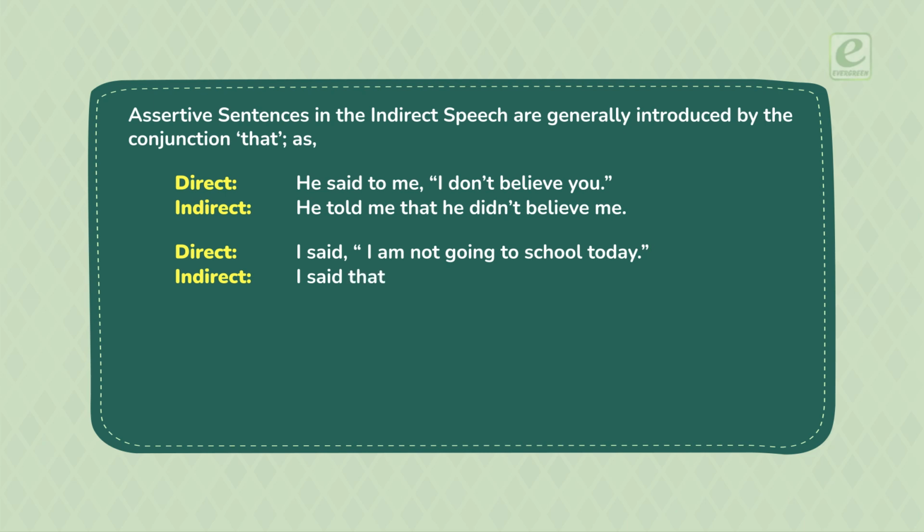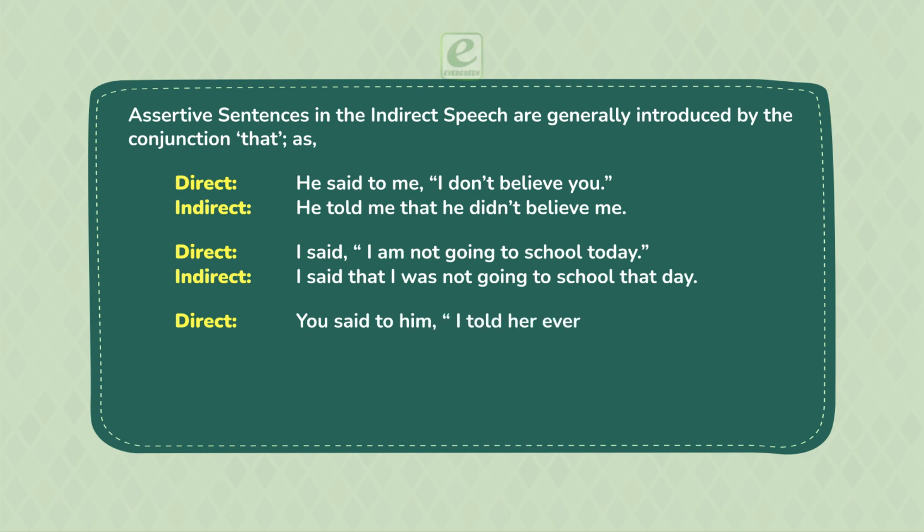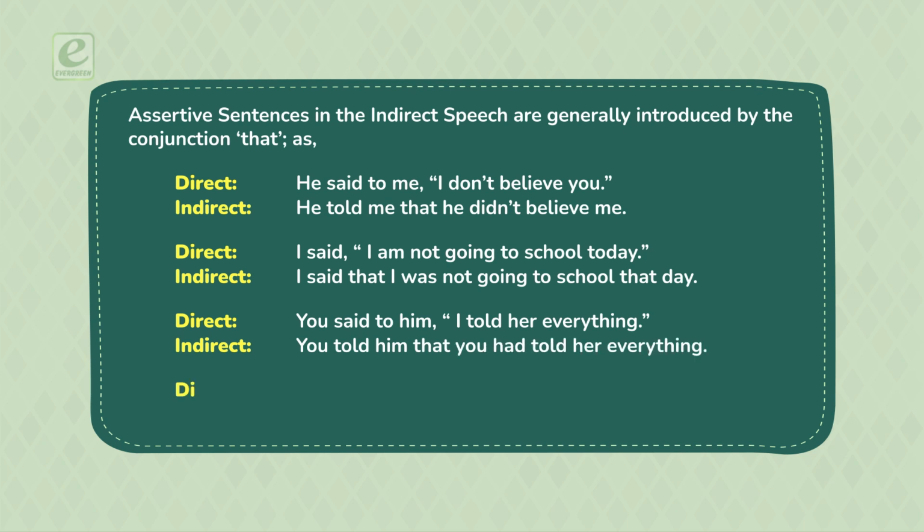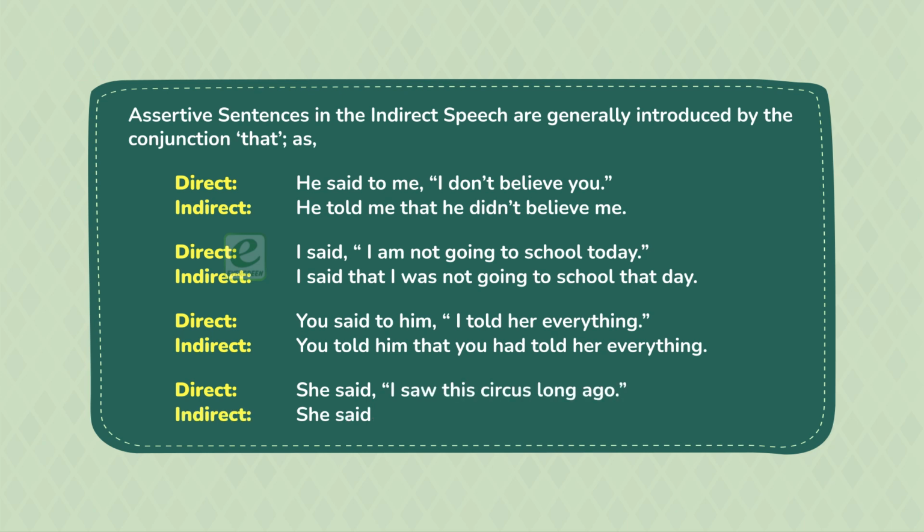Indirect: I said that I was not going to school that day. Direct: You said to him, "I told her everything." Indirect: You told him that you had told her everything. Direct: She said, "I saw this circus long ago." Indirect: She said that she had seen that circus long before.